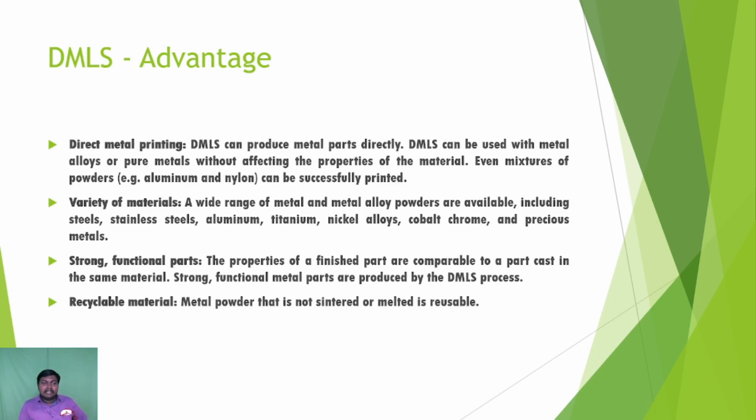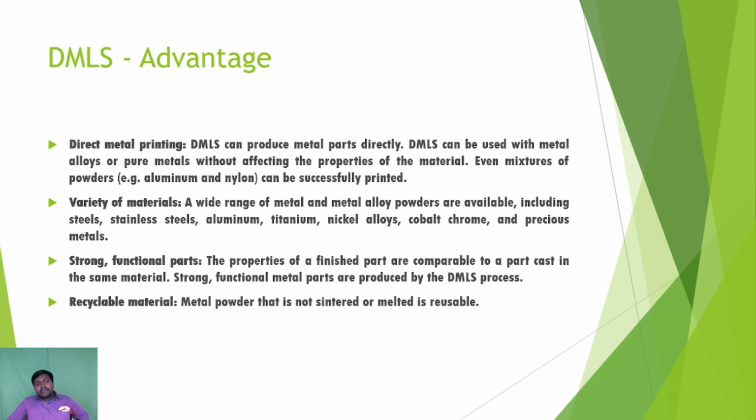Direct metal laser sintering advantages. Direct metal printing: DMLS can produce metal parts directly. DMLS can be used with metal alloys or pure metal without affecting the properties of the metal. Even a mixture of powders can be successfully printed. Aluminum and nylon can also be printed.